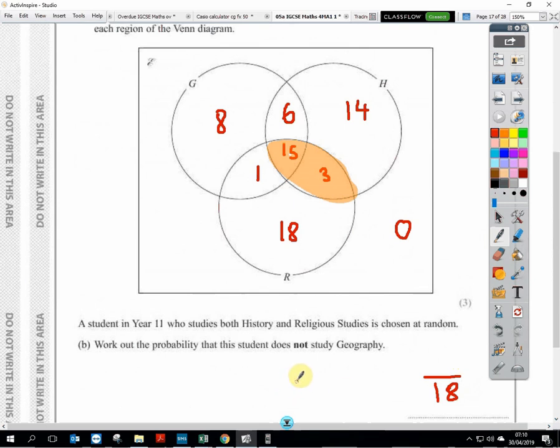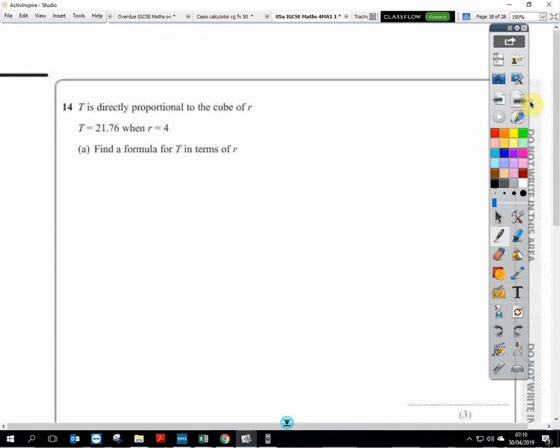Now in that orange section, how many of the students do not study geography? Well, 15 of them do study geography within the orange part, so 3 do not. So the answer is 3 over 18. And it's entirely up to you with probability whether you cancel it down or not. They're not fussed, but this is the answer to the question.